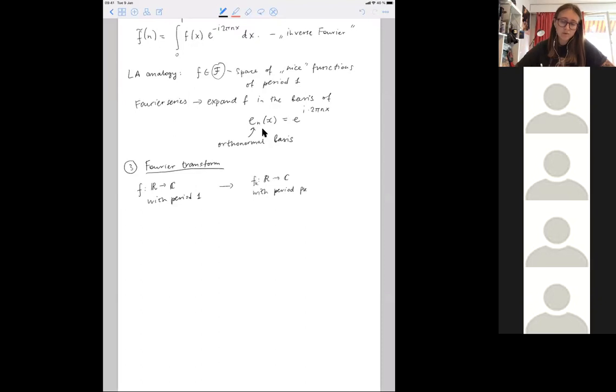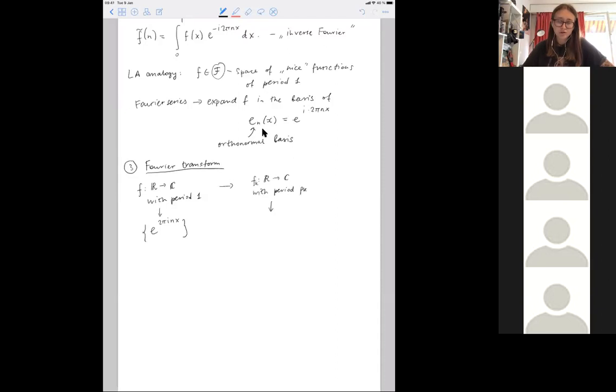So the functions with period 1 we can decompose in terms of the basis elements e to the power 2 pi i n x. If you have a function with period p_k, then you can just scale this function so that it would be periodic with period 1.